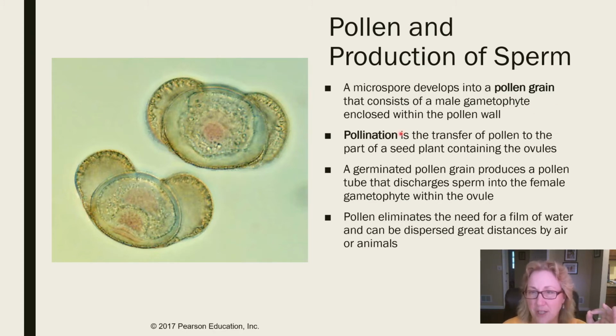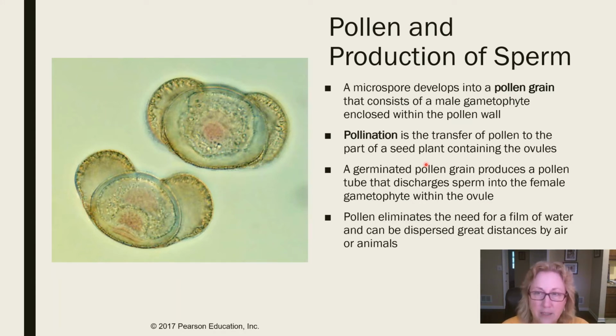Pollination is not exactly the same as fertilization. Pollination can only occur in plants that have pollen. If the plant has flagellated sperm, like ferns and liverworts, then it doesn't have pollination, it has fertilization. But in plants that do have pollen, like most of the seed plants, pollination refers to pollen making it to the structure that contains the ovules.